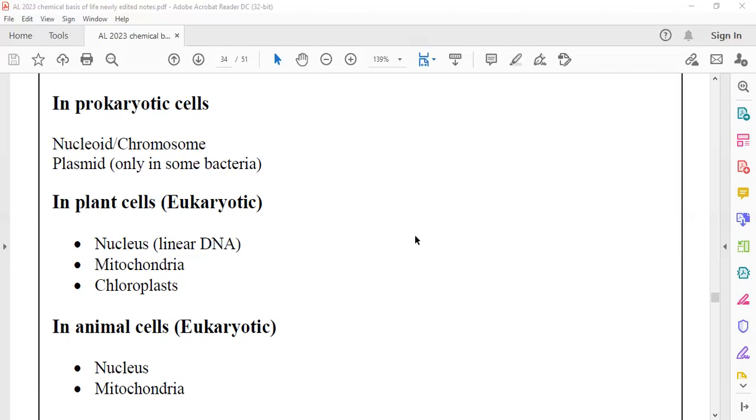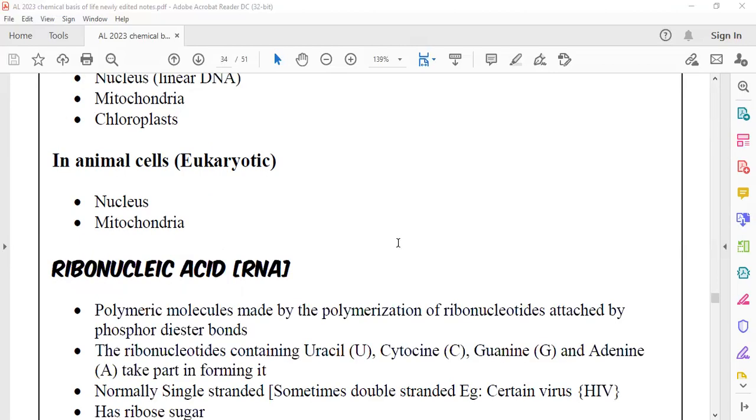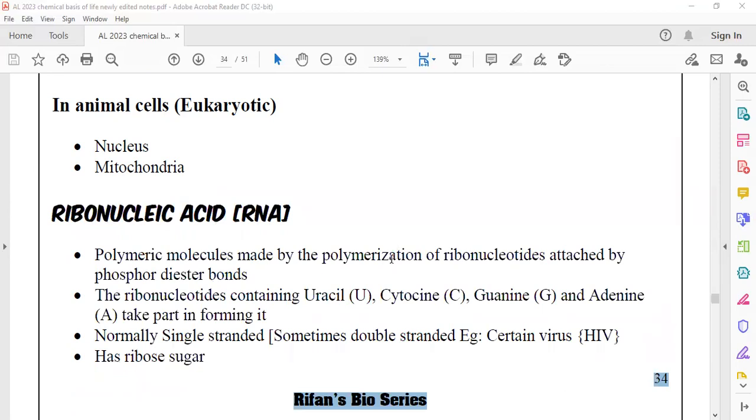Okay, so finishing the idea behind DNA, we come to RNA now. Compared to DNA, your knowledge on RNA is less.